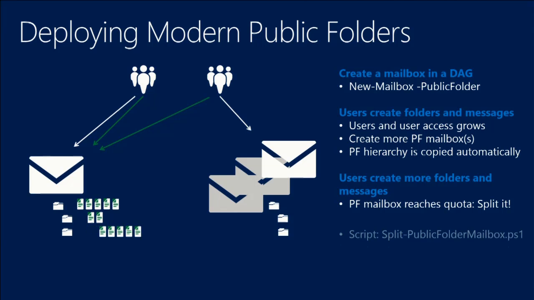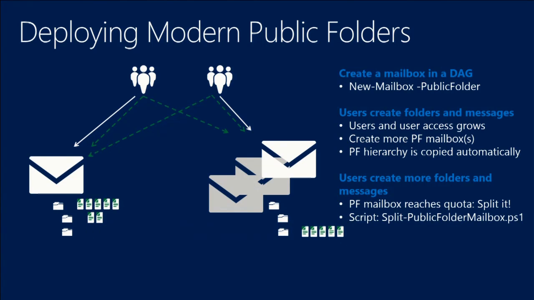And that's done using a script. The script is in the scripts directory of Exchange 2013 and moves off half of the public folder content to a public folder mailbox that you define. It's not automatic. It's automatic in Exchange Online, but in an Exchange on-prem environment you need to take care of that. But I'll talk about that later.